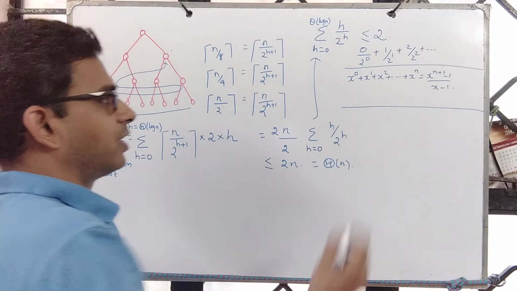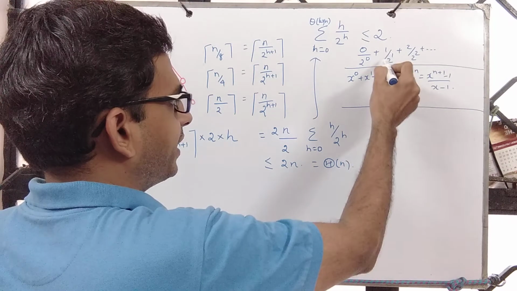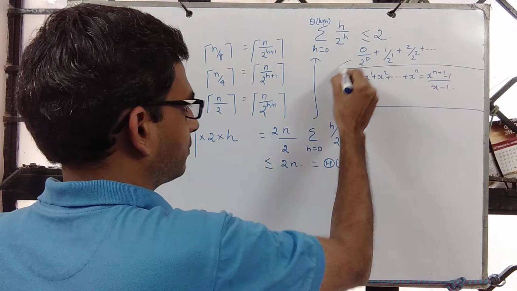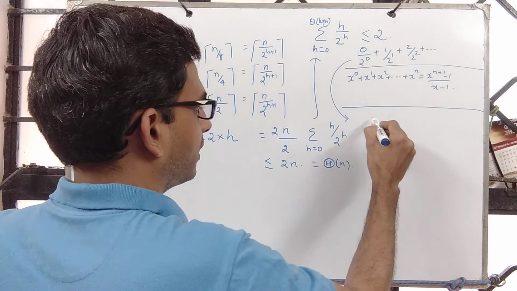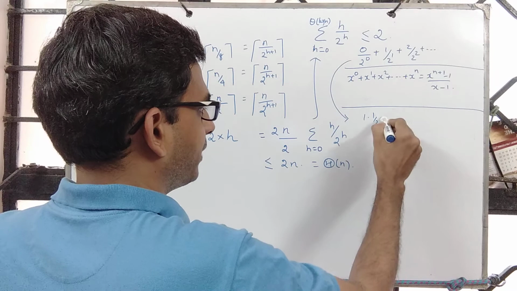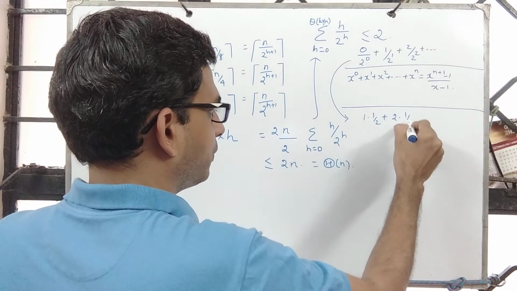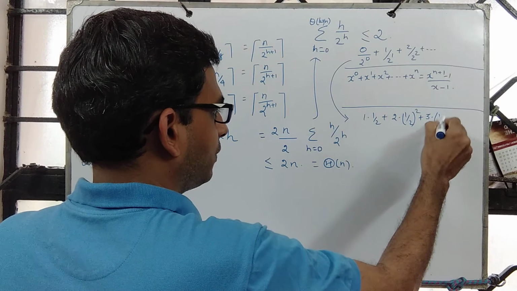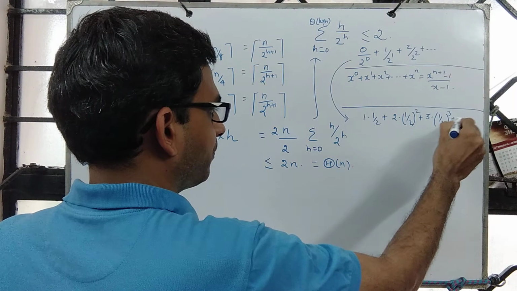Correct? Now what is it that we want? 1 into 1 by 2 plus 2 into 1 by 2 the whole square plus 3 into 1 by 2 the whole cube, and so on.